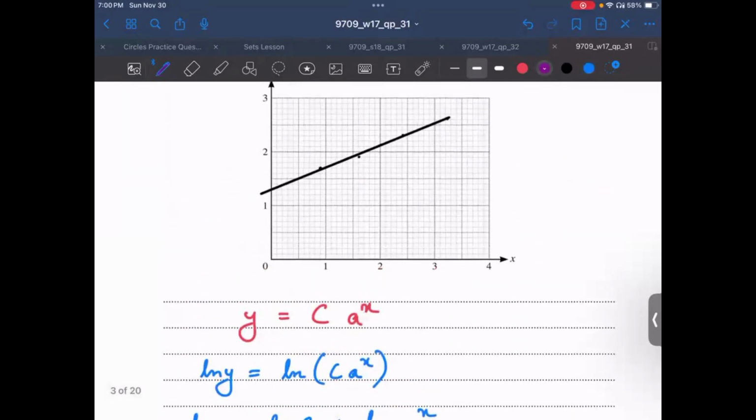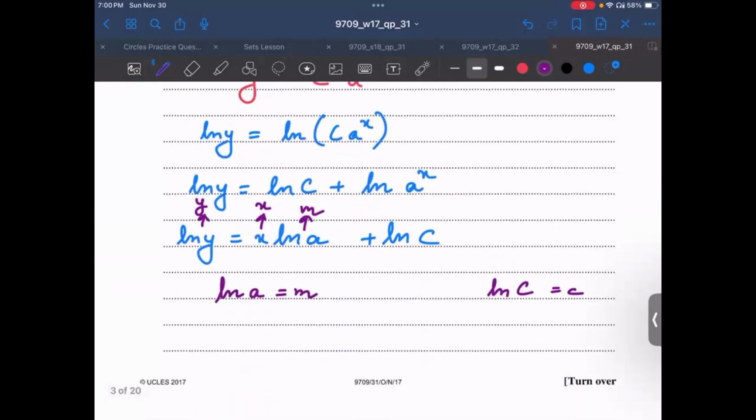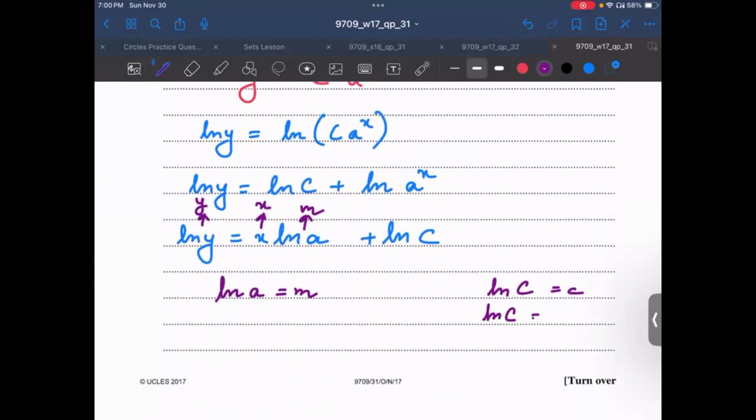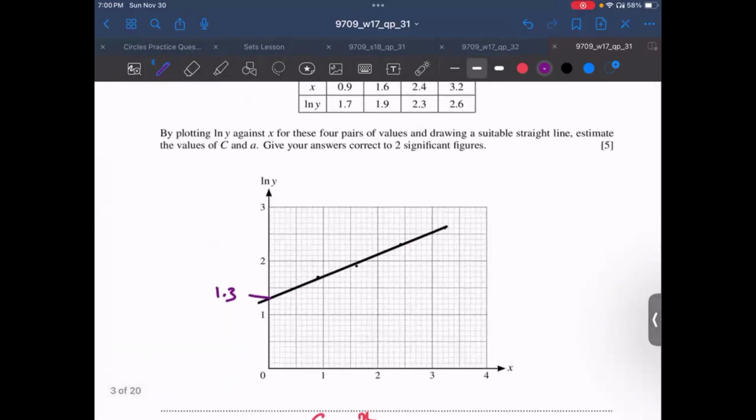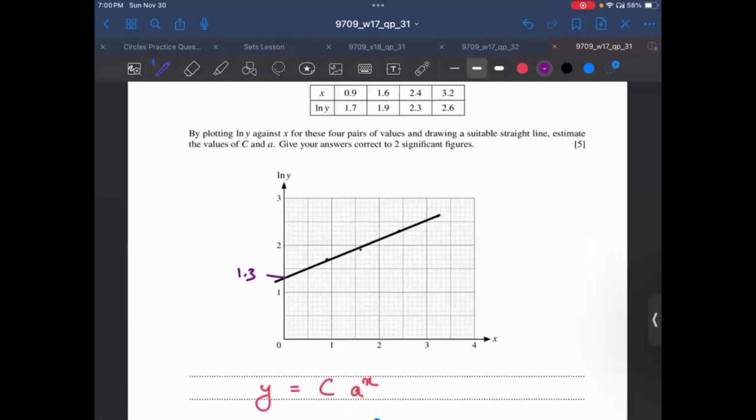Now we can directly see from our graph that the value of the y-intercept is 1.3. So we can write ln c = 1.3, so c = e^1.3. And ln a equals the gradient. We can find the gradient by doing (y2 − y1) over (x2 − x1).